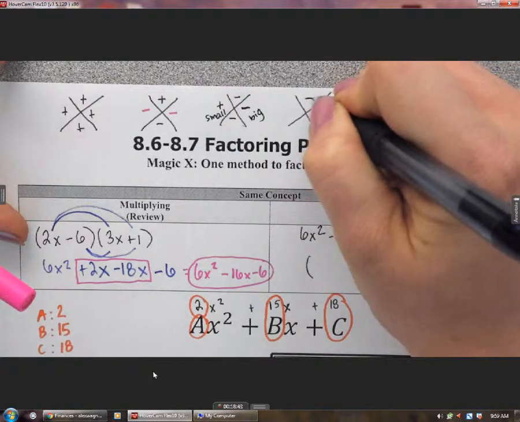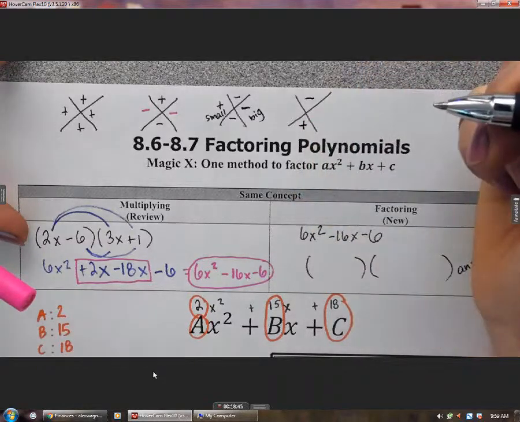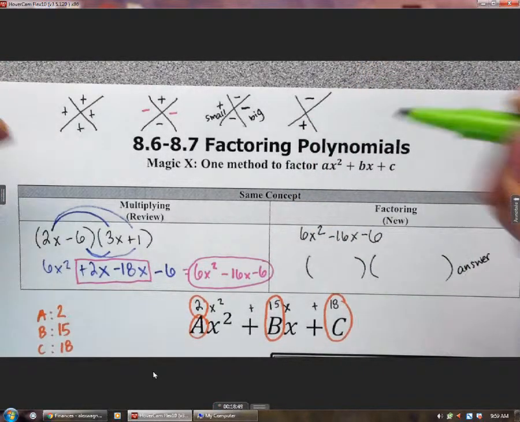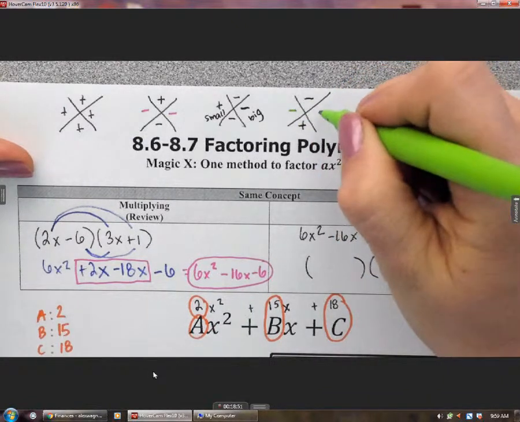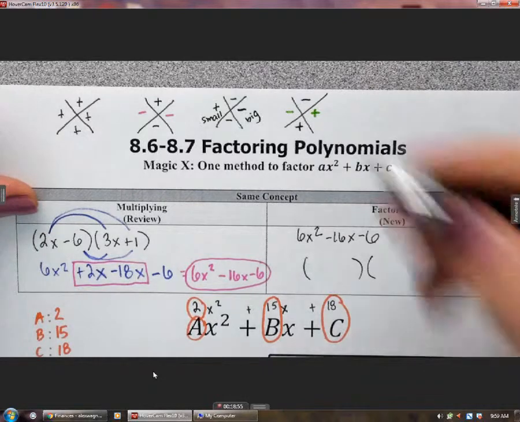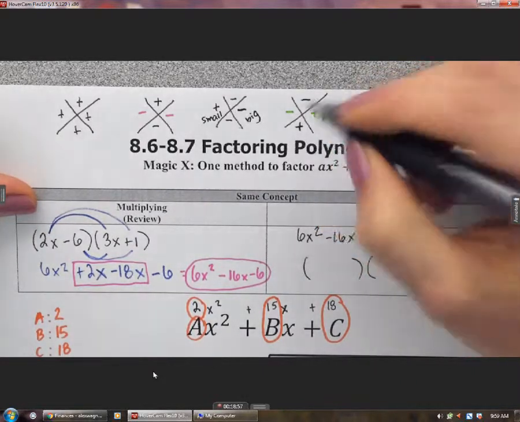If you have a negative on the top, positive on the bottom, it'll be reversed. The smaller number will be negative, the bigger number will be positive. Again, this is big, this is small.